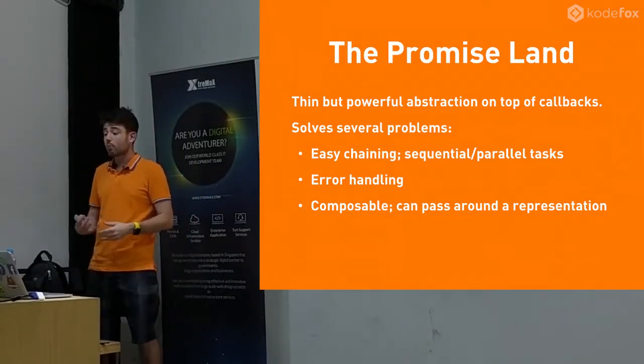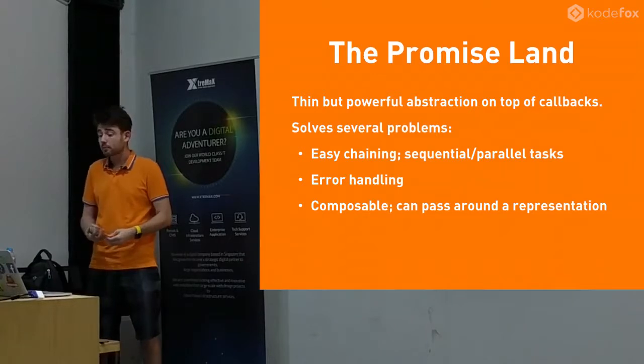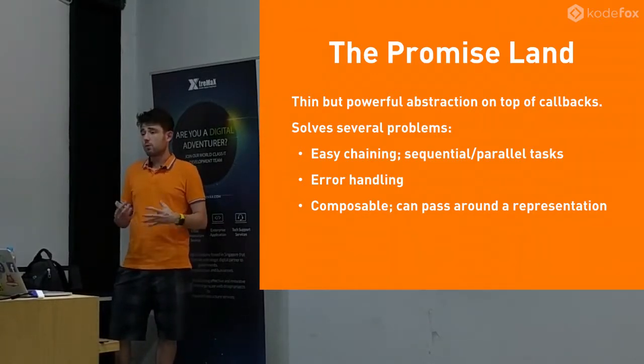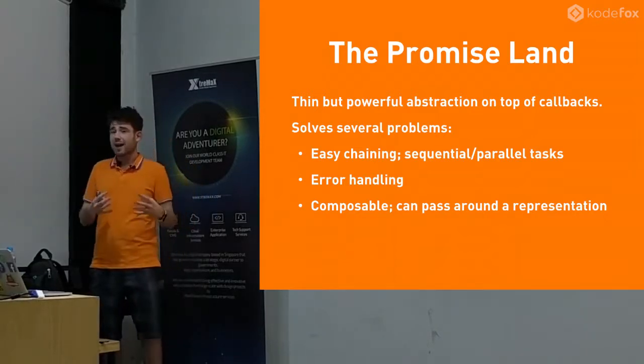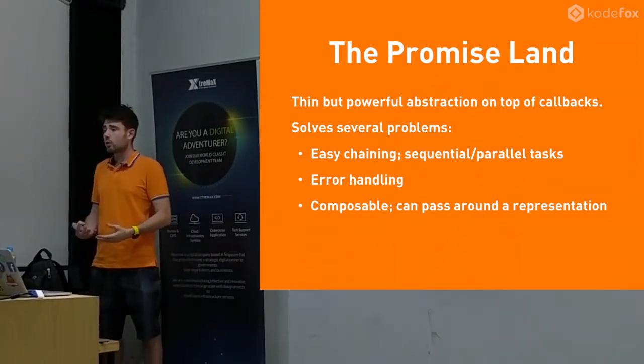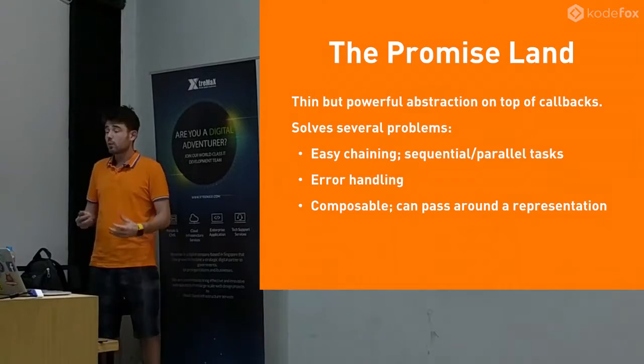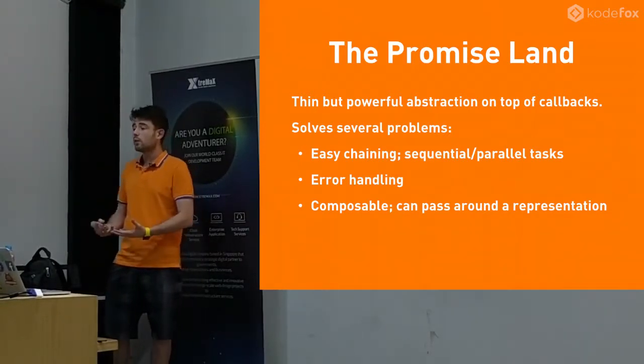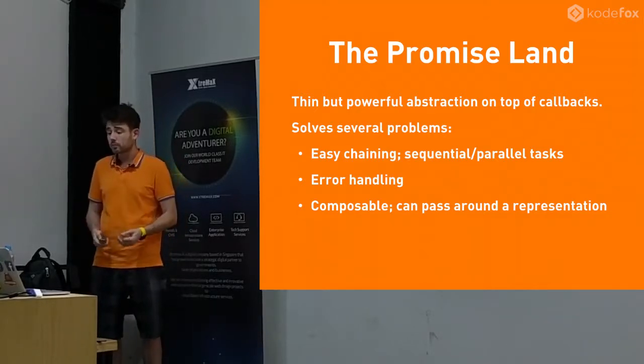It gives us helpers to do things in parallel. It gives us error handling. And they're composable, right? Because the way a promise works is we can pass around a representation of a future value. A promise is an object that represents what the value will be when the operation finishes.